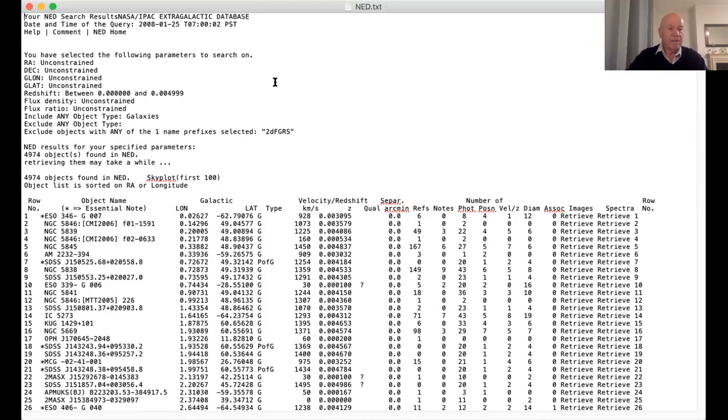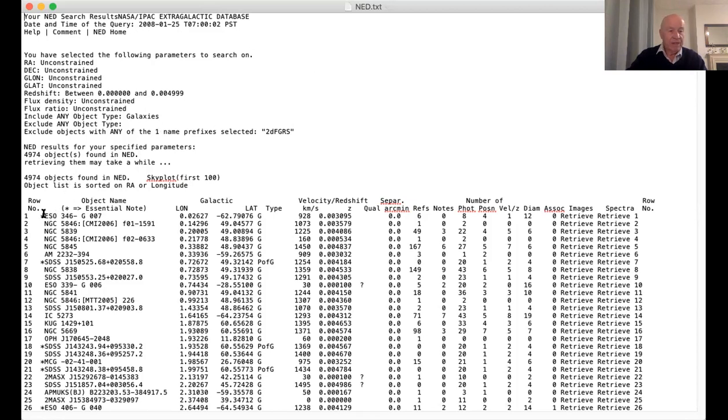So this is an access from the NASA extragalactic database, and it's from redshift 0 to effectively 0.005. And it was accessed in the year 2008 on the 25th of January.